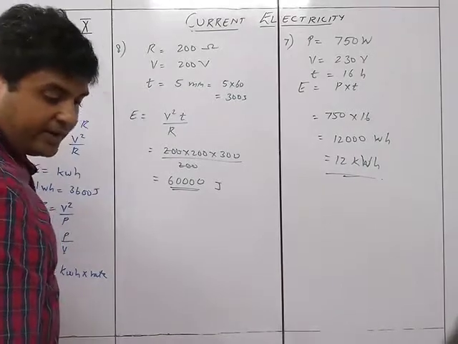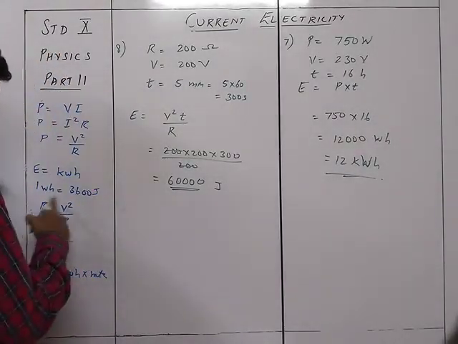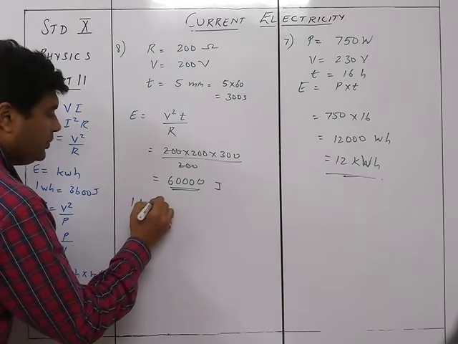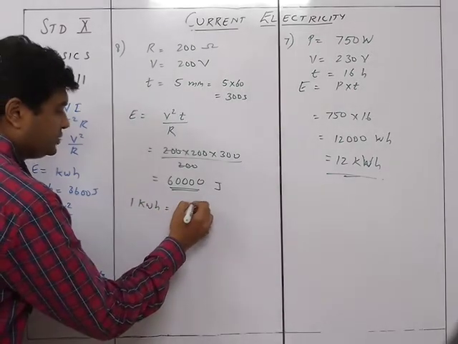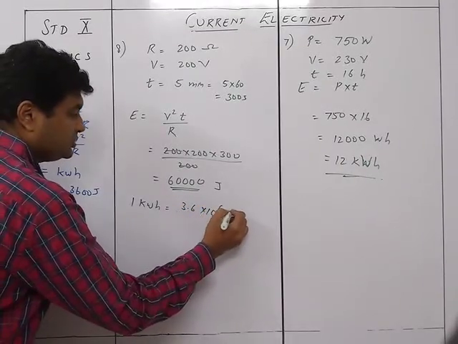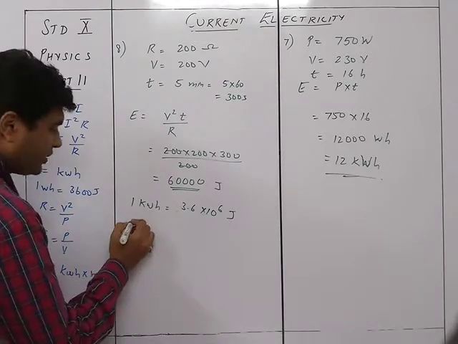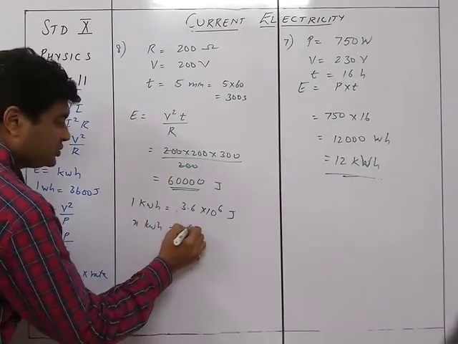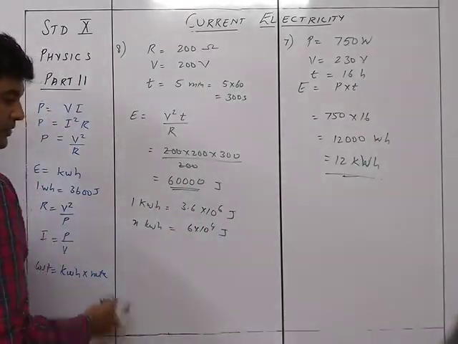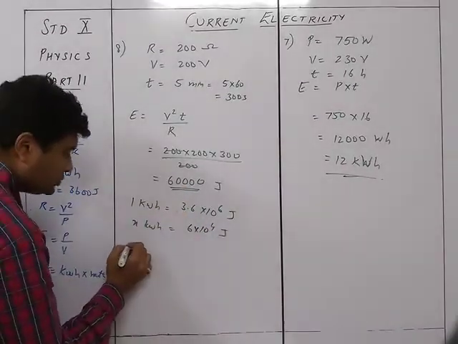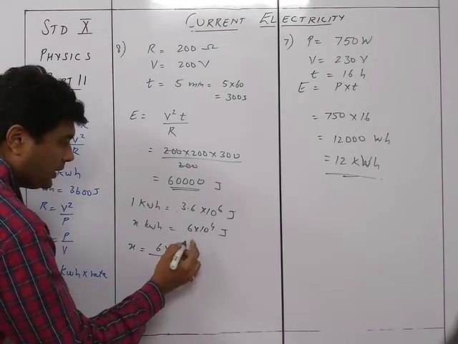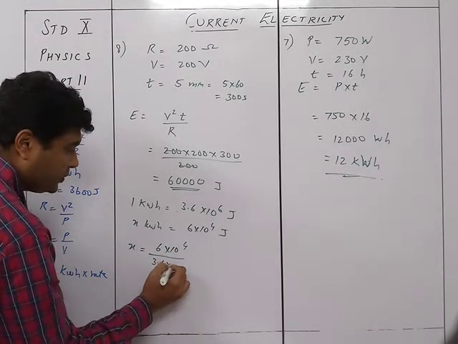The next, you want it in kWh. So we know the formula that 1 kWh is equal to 3.6 into 10 raised to 6 joule. Therefore, x kWh is equal to 6 into 10 raised to 4 joule. Find out x. So x is equal to 6 into 10 raised to 4 upon 3.6 into 10 raised to 6.